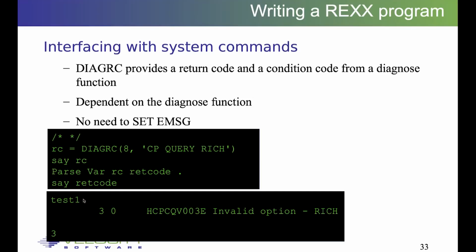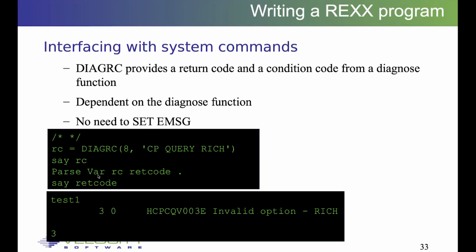So when we run test one, the response that comes back is what came back from the DIAG_RC command. The first value is the return code. The second value is a condition code. And after that is the response from CP. So this is the error that came back from CP based on the command.